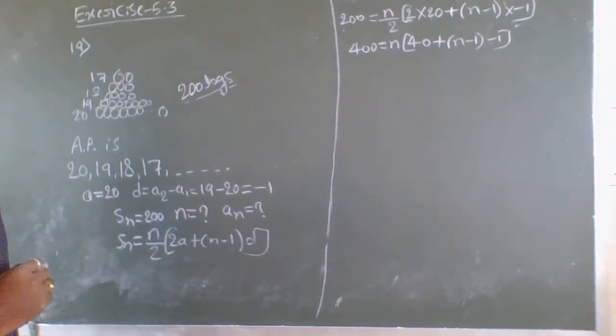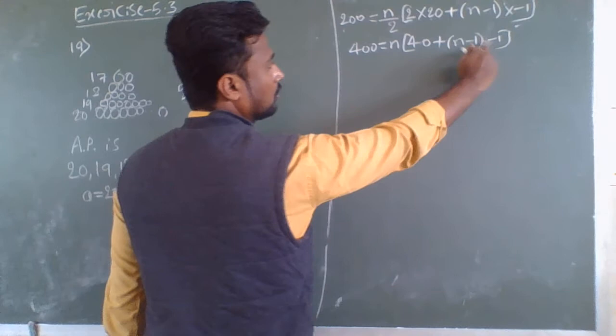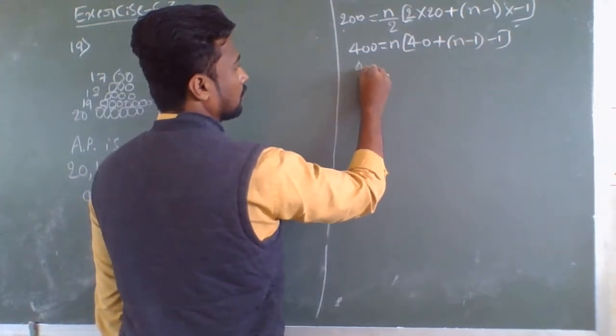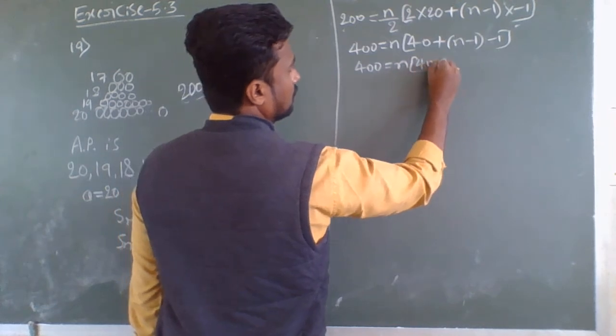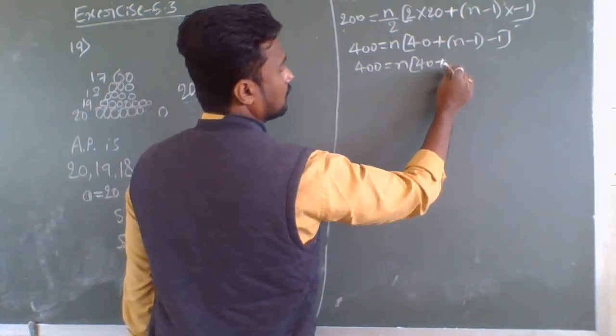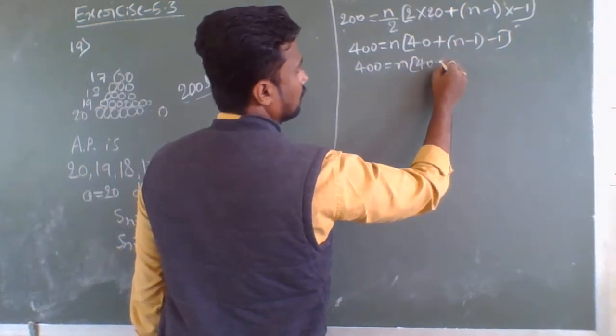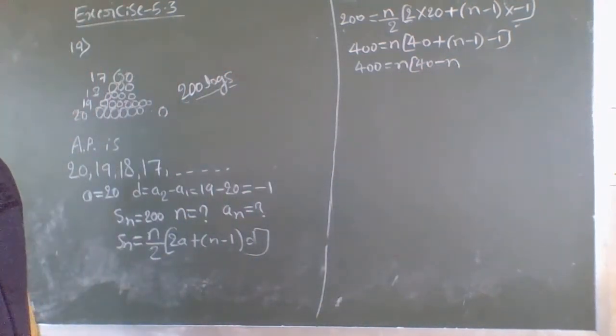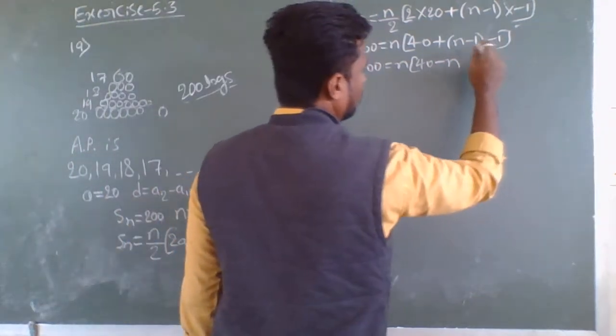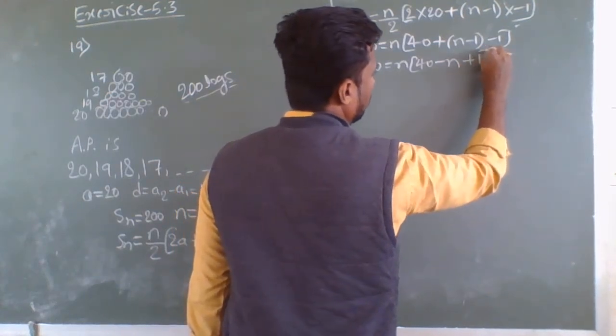In the next step, I will multiply this minus 1 with n minus 1. Therefore, 400 is equal to n into 40 plus minus 1 into n, which means minus n only. Now minus 1 into minus 1 means plus 1.